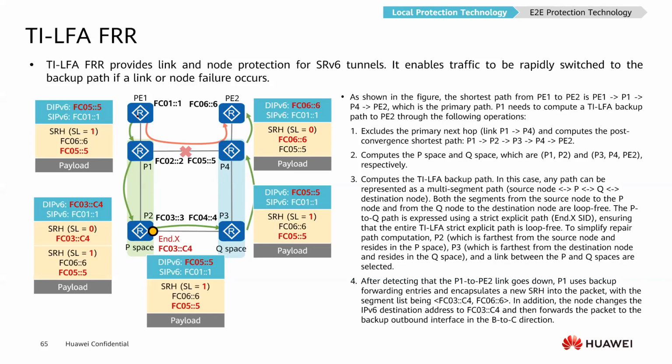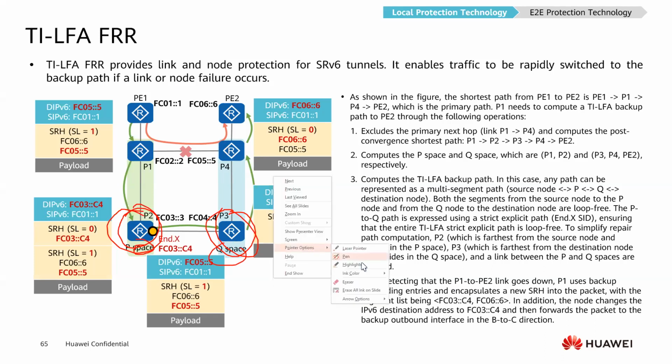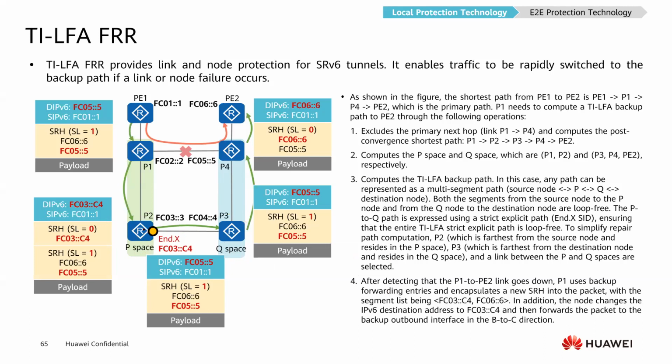Then they will do the calculation. They find the P space and Q space nearest devices, one device in P, one device in Q, the closest points. Between those two points, they will automatically create a tunnel. So what does this tunnel look like?